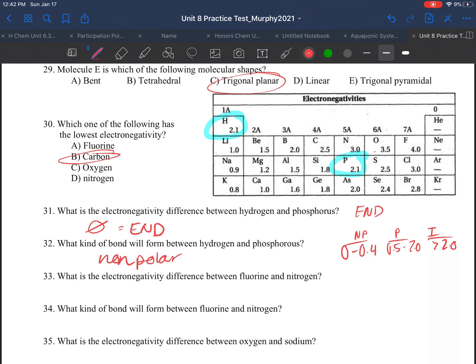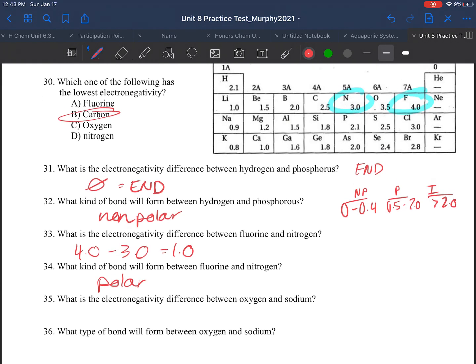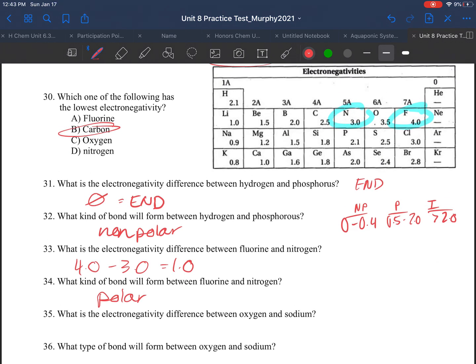What's the difference between fluorine and nitrogen? If we look at the table now, fluorine and nitrogen, here we have 4.0 minus 3.0 equals 1.0. And this falls under polar. So the type of bond that will form is polar, and that's the answer to 34. What's the electronegativity difference between oxygen and sodium?